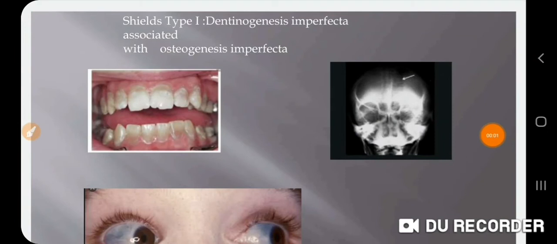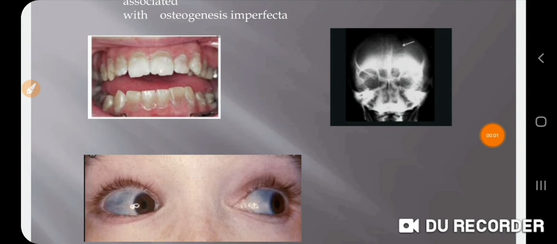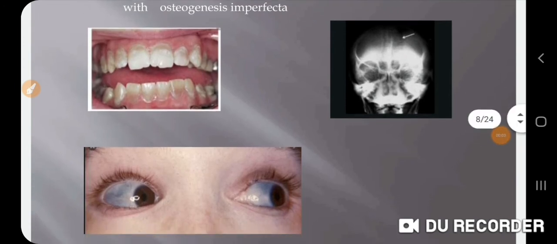Now we come to the clinical features of Shields type 1 dentinogenesis imperfecta, which is associated with osteogenesis imperfecta. The teeth are yellow-brown discolored, and this shines through the translucent weak enamel. We can appreciate the translucent enamel here.